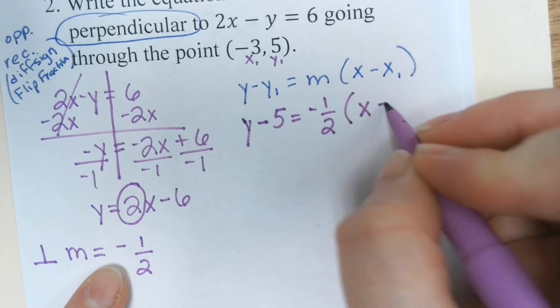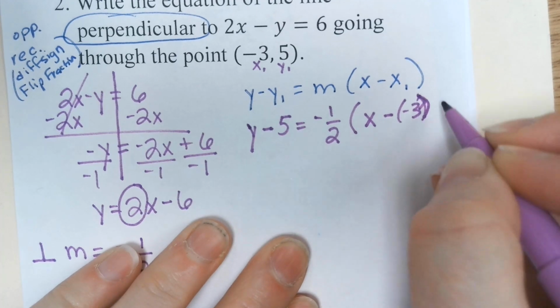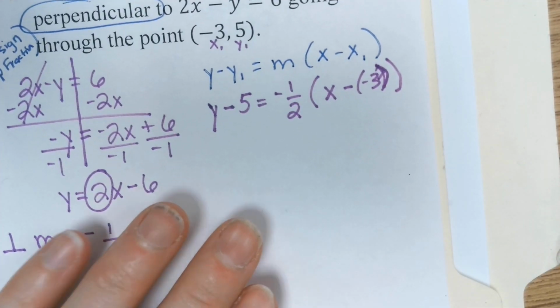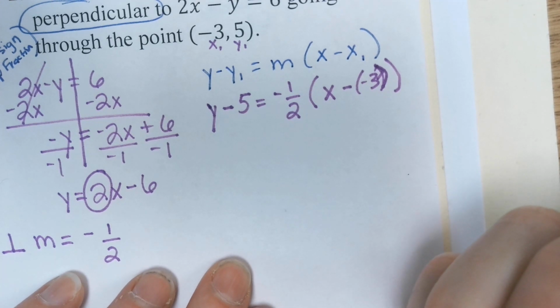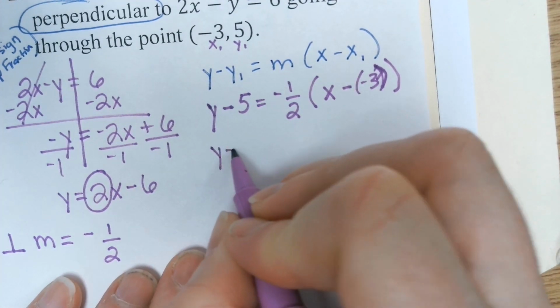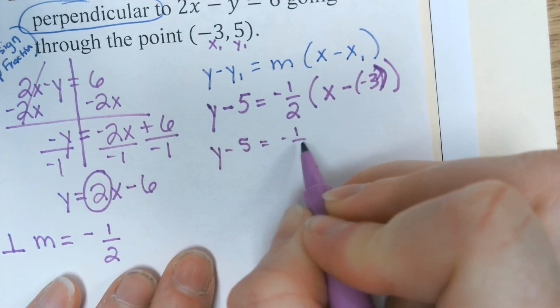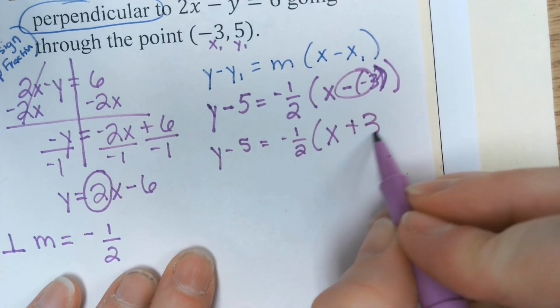Parentheses, x minus a negative 3. Anytime you see a double negative, you need to simplify it. So let's keep it all the same, but simplify that double negative to be plus 3.